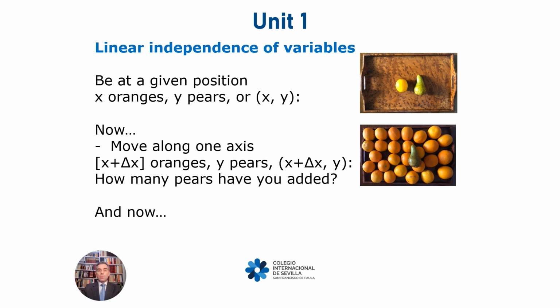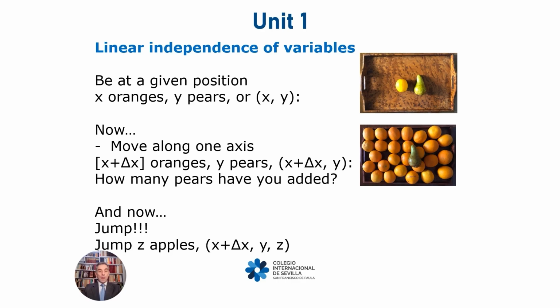Now, let's imagine we jump. We have moved first along an axis, then along another axis, and now we jump and we are moving along the vertical axis. We are jumping Z apples because we can imagine we call the vertical axis apples. So we are at x plus delta x.